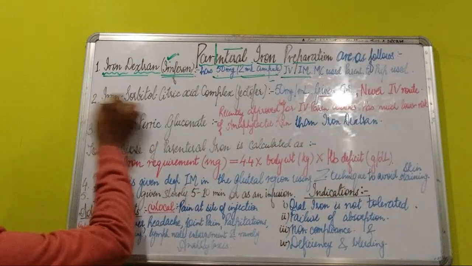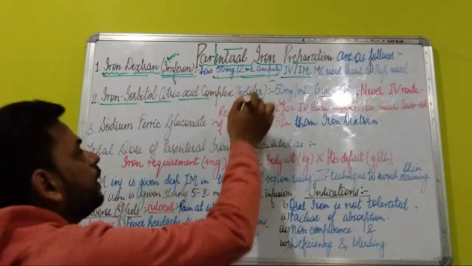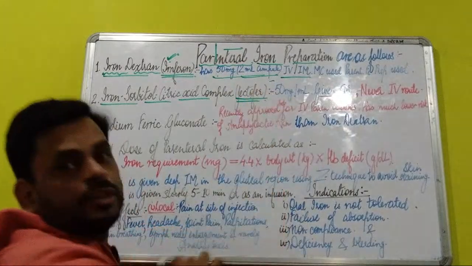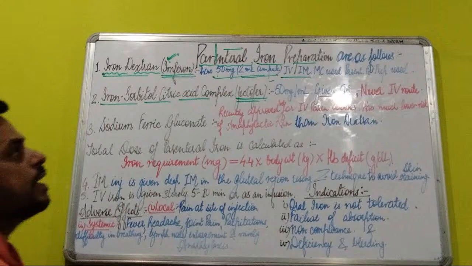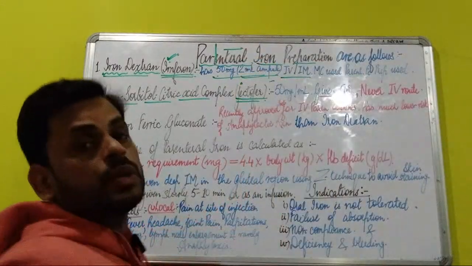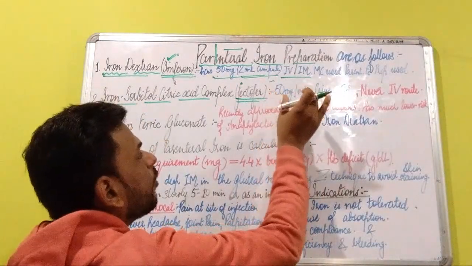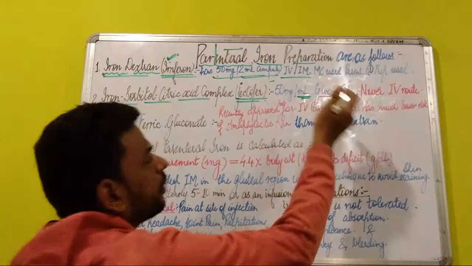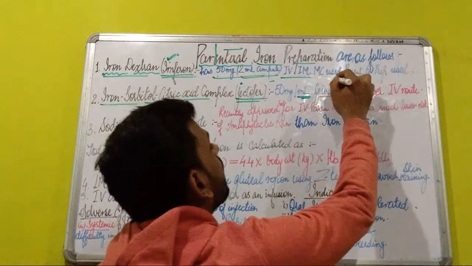Now next is the iron sorbitol citric acid complex, which comes with the brand name of Jectofer. In the market it is available in the form of Jectofer. It contains 50 milligram of iron per ml of the ampule, and it is mostly given through the intramuscular route.